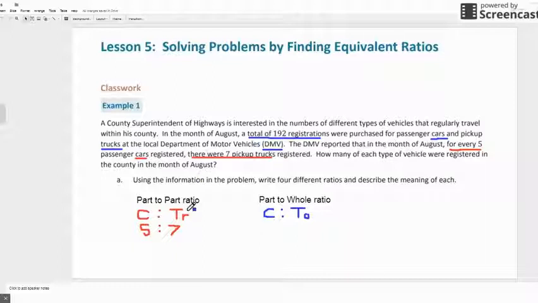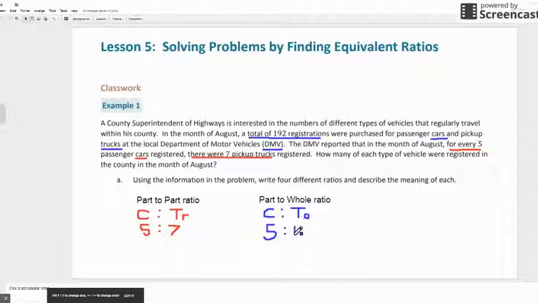Well, that's not the total we're using because we have a 5 to 7. So 5 is the cars. Using this ratio of 5 to 7, what is the total? Well, to find the total, we simply add them up. 5 plus 7 would give me 12.